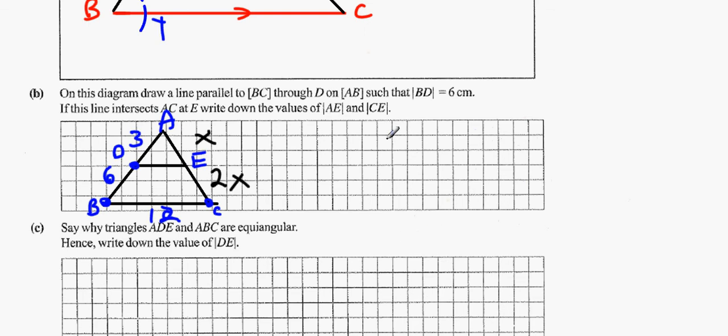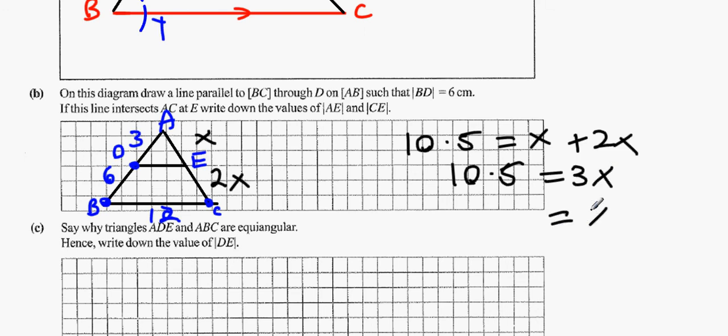So 10.5 equals x plus 2x. 10.5 must equal 3x. X is therefore 3.5. This makes EC 7. So it's going to be 7 and 3.5.